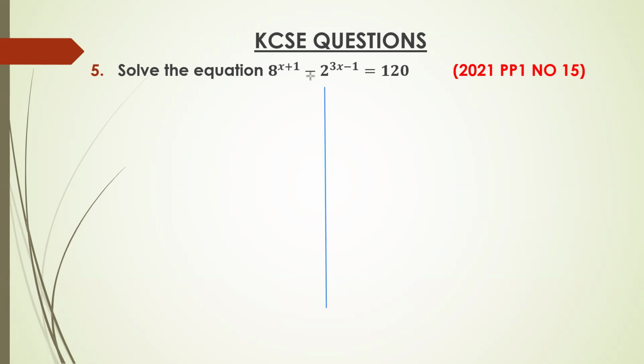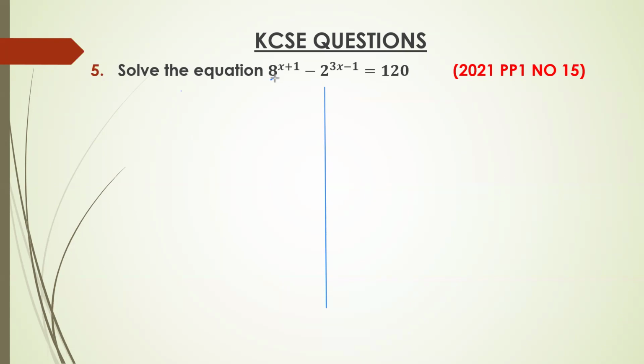It's just the same as the one we did in question 1. So we're just redoing it again. Okay, so let's do it. So solve the equation 8 power x plus 1 minus 2 power 3x minus 1 equal to 120. KCSE 2021 paper 1 number 15.